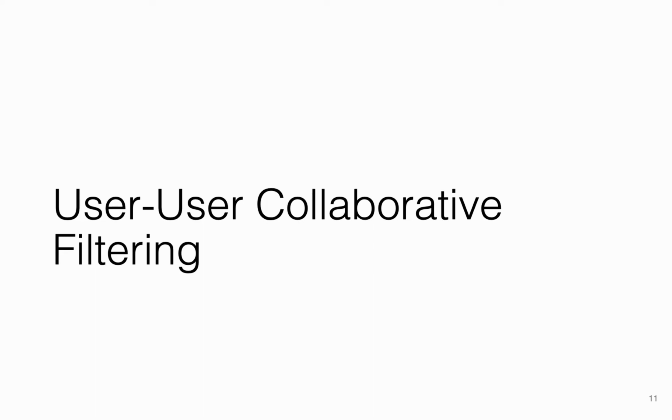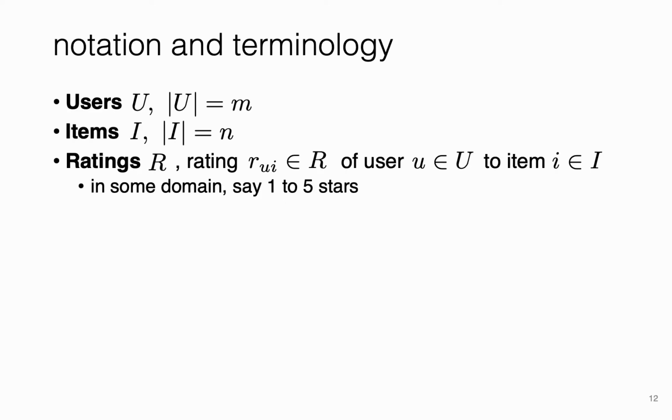So let's try and see the first collaborative filtering approach. It's the user-to-user collaborative filtering. Before introducing it, we need to specify some notation that we'll be using throughout the slides. We have a set of users U, and the number of users is typically denoted as M. We also have the number of items, N, and we have ratings.